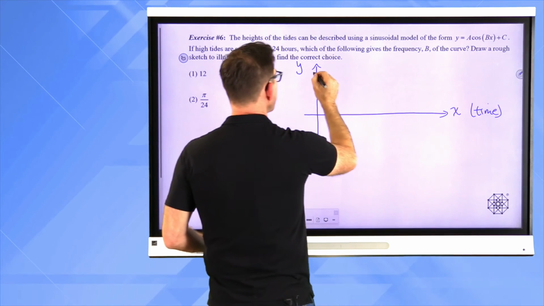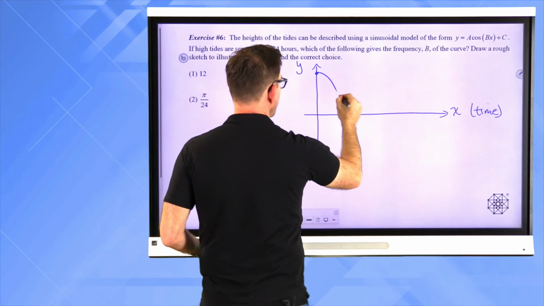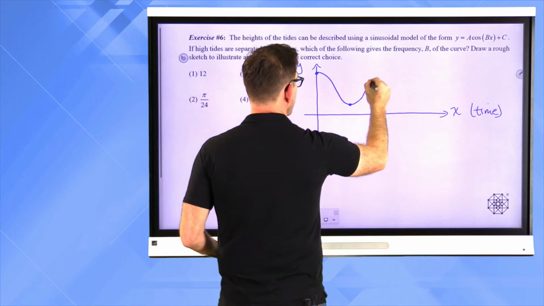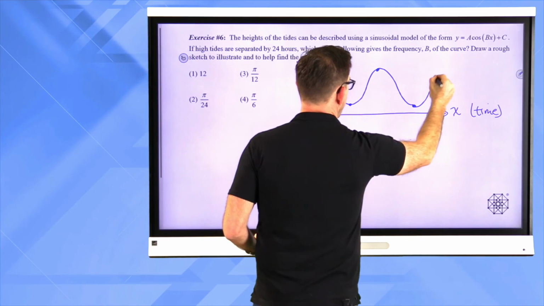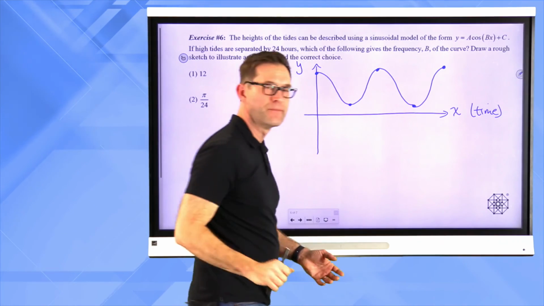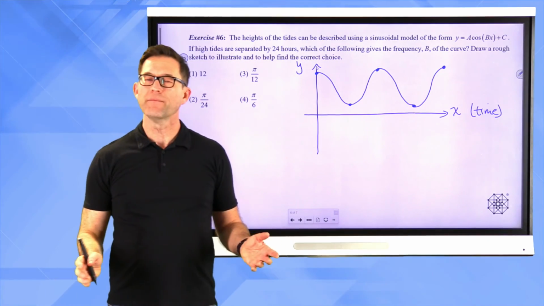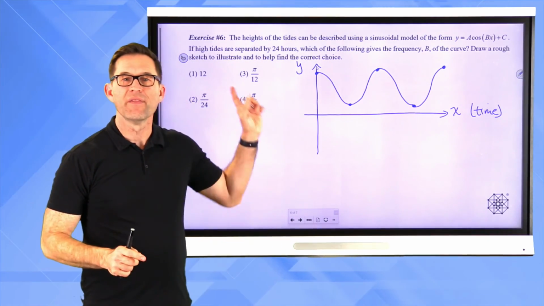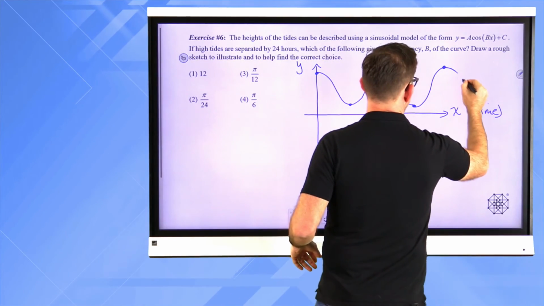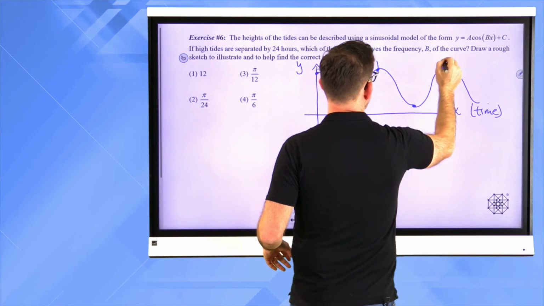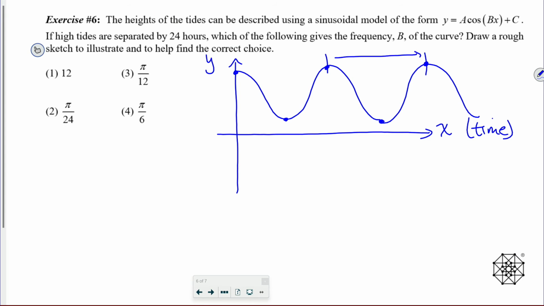And we've got, let's say, high tide, and then it goes down to low tide, and then it goes back up to high tide, and back to low tide, and back up to high tide, etc. And they've told us that the high tides are separated by 24 hours. In other words, if I look at this, this will be 24 hours.